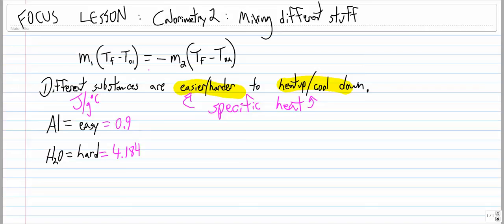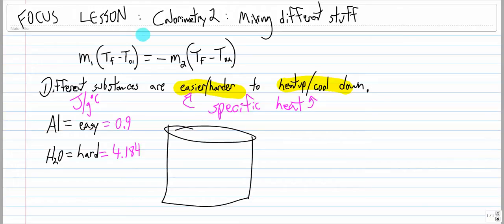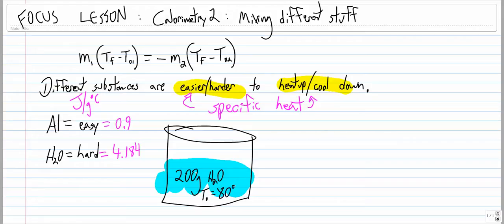So let's make a problem and see how easy it is to solve. Let's say we've got a beaker, and we've got 200 milliliters or 200 grams of water. And let's say that its temperature original is, let's say it's 80 degrees.